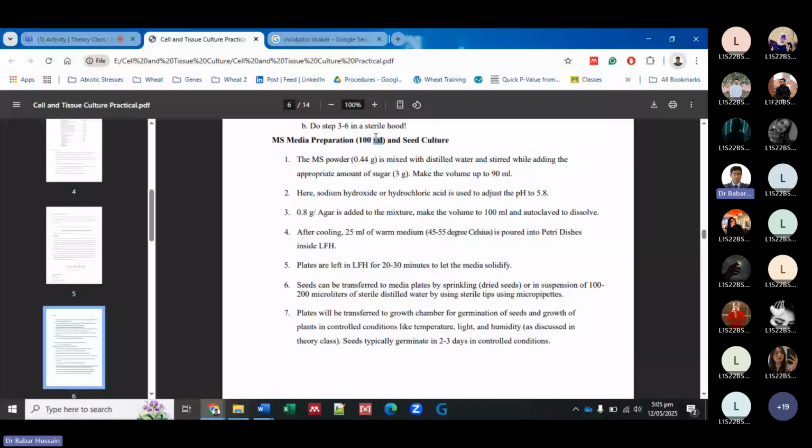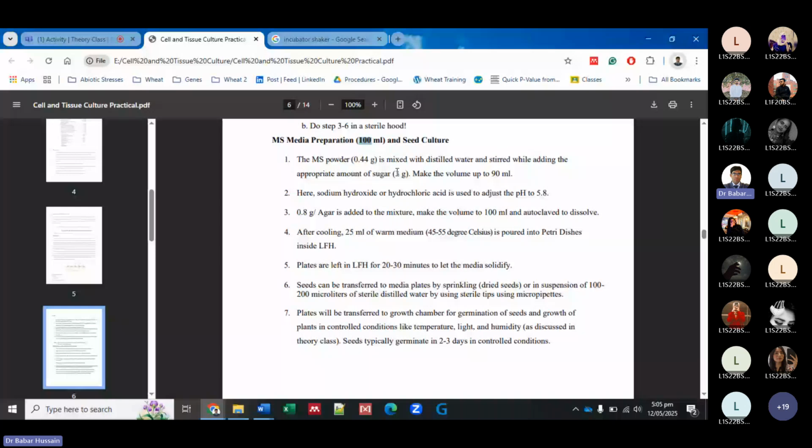So here we are saying instead of 1 liter or 1000 ml, we are making 100 ml. So this amount will be instead of 4.4 gram, it will be 0.4 gram. It will be mixed in distilled water, and it will be stirred. And then we will add, instead of 30, because it is 10 times lesser, we will use 3 gram of sugar.